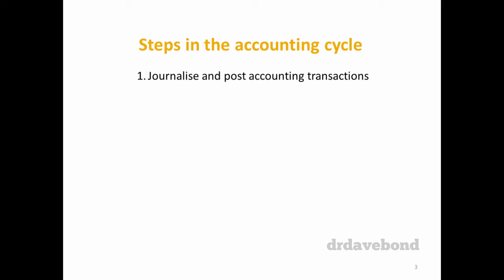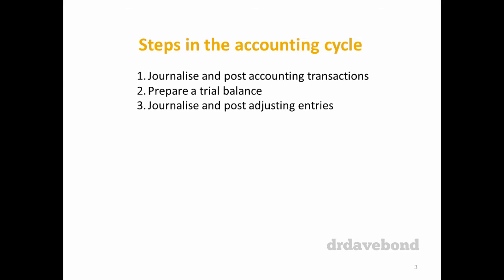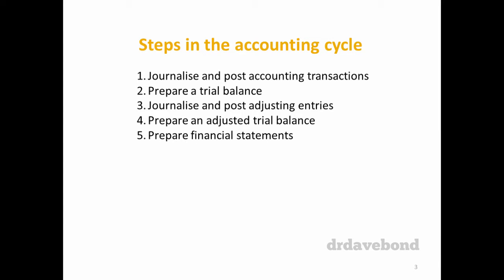So where we got to was, stuff happens, we put it into a journal. We take this, we prepare a trial balance. That's what we've been doing, that's what we're up to. We then have to do these adjusting entries and create an adjusted trial balance. That's what we're going to focus on today. We then prepare the financial statements. Going from a trial balance to the financial statements, or going from an adjusted trial balance to the financial statements, is the same thing.